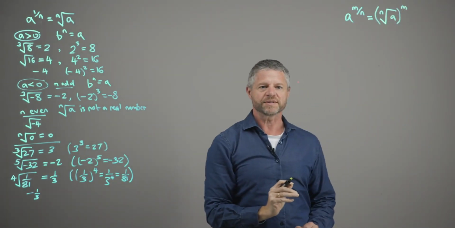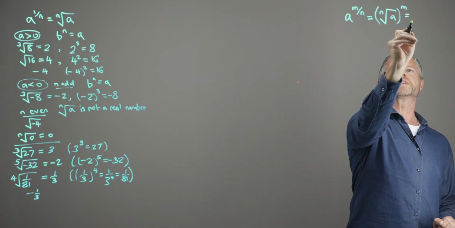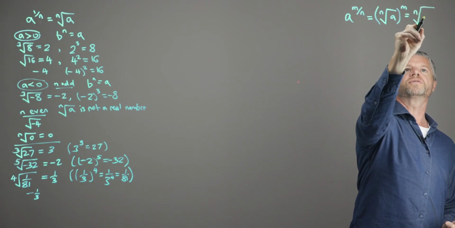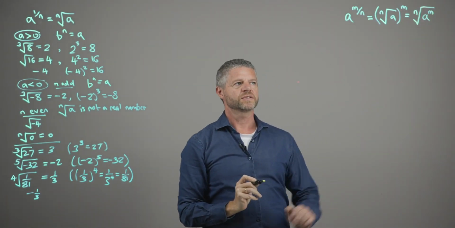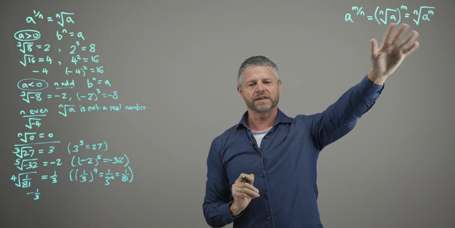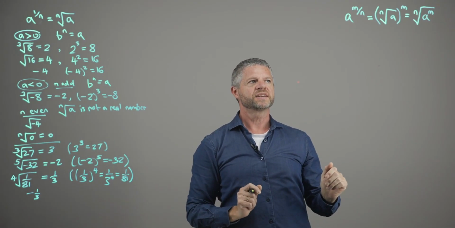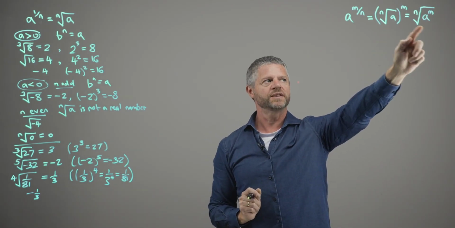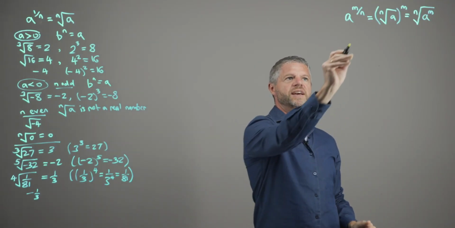That's one way to think about it. And the other way is to think about the nth principal root of a to the m. So both ways are legitimate ways to think about this, but in practice it's generally easier to work with this form than this form. So I'll just run through a few examples to illustrate that.